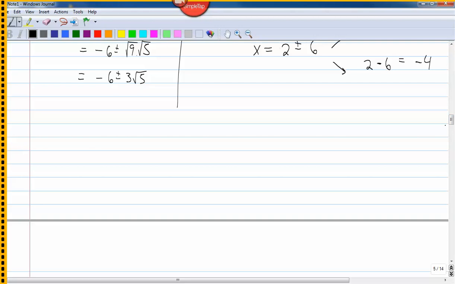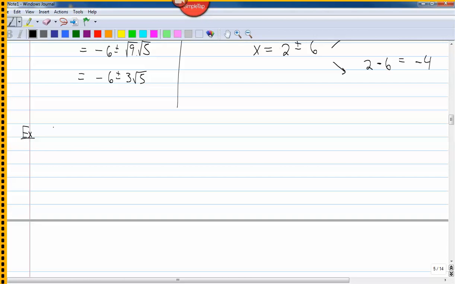Now I'm going to throw you a small curveball here. Let's look at one more example. And we're going to have to use something that we learned with complex numbers, with imaginary numbers, to work this one out.